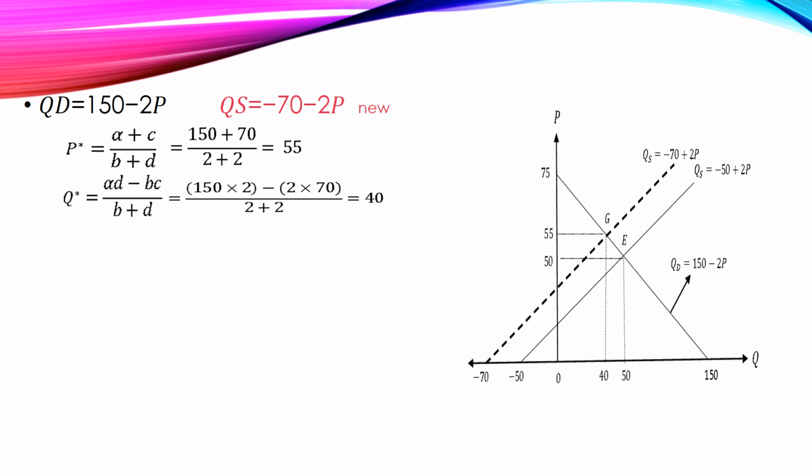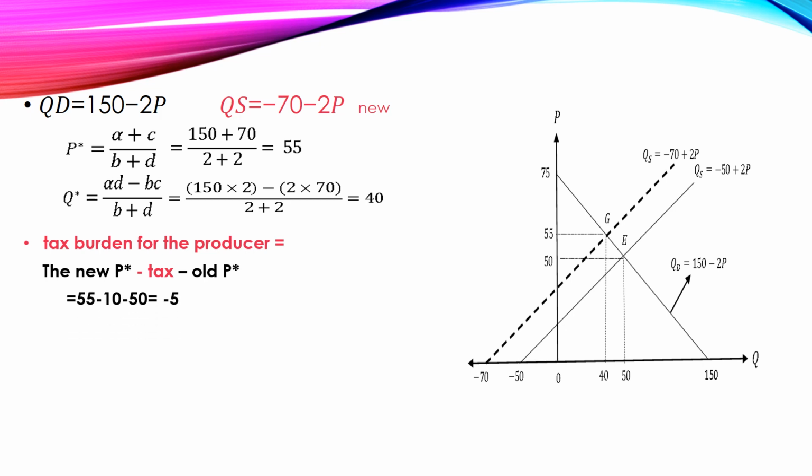The tax burden for the producer will be the new equilibrium price, which is 55, minus the tax imposed on the producer, which is 10, minus the old equilibrium price. So the equation will be 55 minus 10 minus 50 equal 5. The producer here will lose 5 money per unit of the good.